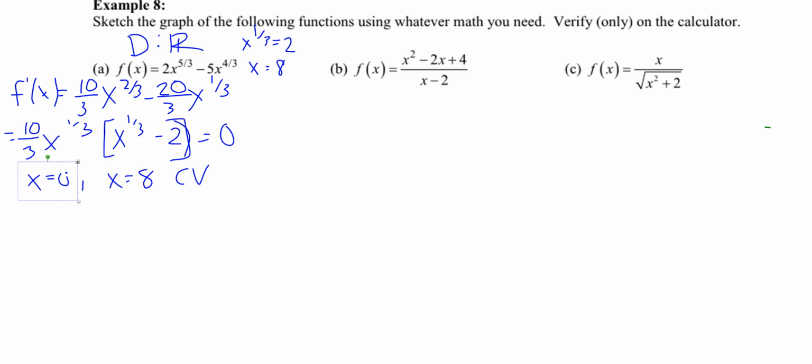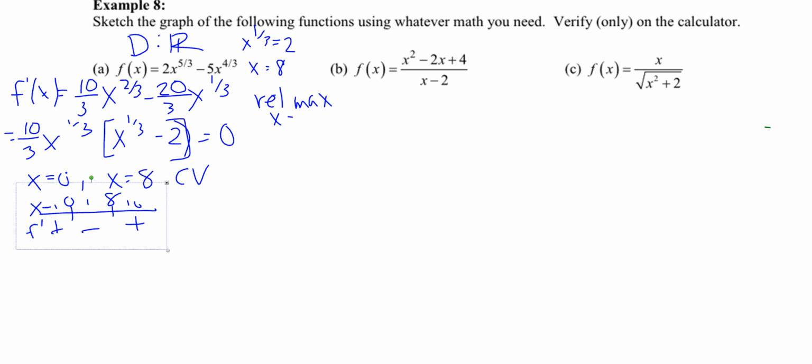So these are our critical values. We'll plug them in on a number line, 0 and 8, into the first derivative. Pick some numbers in between. So -1, if I plug that in, it's positive. 1 is negative. 10 is positive. So this tells me a lot. I have a relative max at x equals 0.